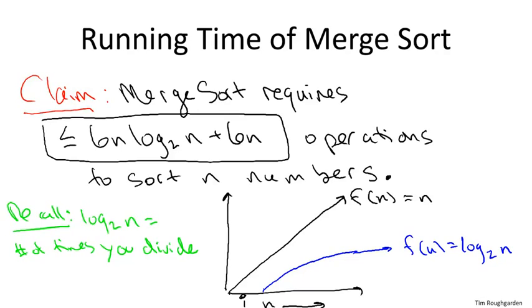Okay, so f of n being log base 2 of n, and I encourage you to do this perhaps a little more precisely on a computer or a graphing calculator at home, but log is going much, much, much slower than the identity function. And as a result, a sorting algorithm which runs in time proportional to n times log n is much, much faster, especially as n grows large, than a sorting algorithm with running time that's a constant times n squared.